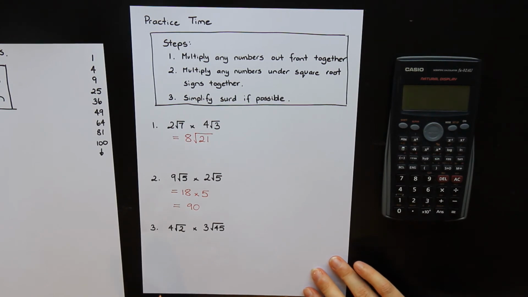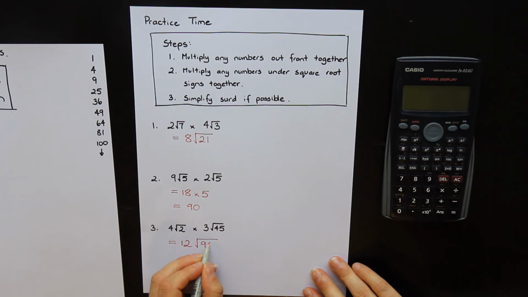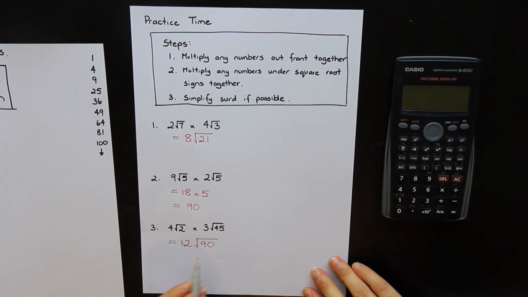Question 3. Let's multiply the numbers at the front. 4 times 3 is 12. Square root of, multiply these numbers together. 2 times 45 is 90. Okay, we've multiplied. Now we need to simplify. 90 can be divided by 9.